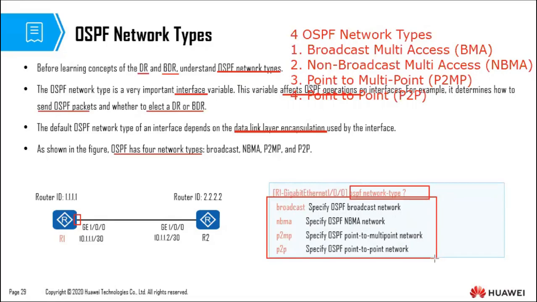While certain interfaces will default to particular network types, you can also configure them. The command is this: you go to an interface, then you use ospf network-type, then for example, you say P2P. Even though it's a broadcast network, you can change it to P2P. So the OSPF network type is configurable. That is what I want you to remember from here.